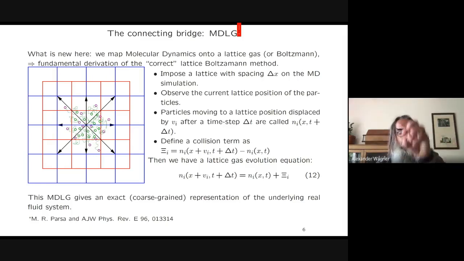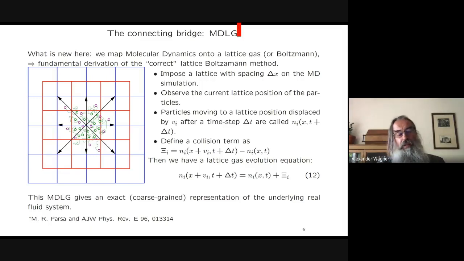Particles are in some of these red boxes. And these boxes are then associated with this lattice gas, lattice points, which are given by the crosses in the blue lattice. And this blue lattice now has these black lattice vectors that go from the center of the blue lattice to the neighboring points.